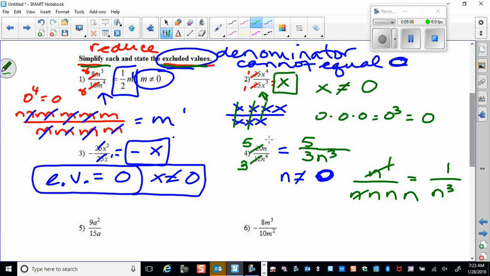Notice if I use that subtraction property, if I do 1 minus 4, that would give me negative 3. So this is the same thing as 5 times n to the minus 3. Okay, but we talked about that before. If you have a negative for the exponent, right, it's not a negative number. Remember what that means is reciprocal.